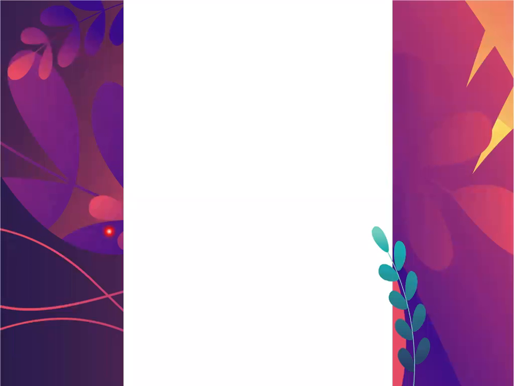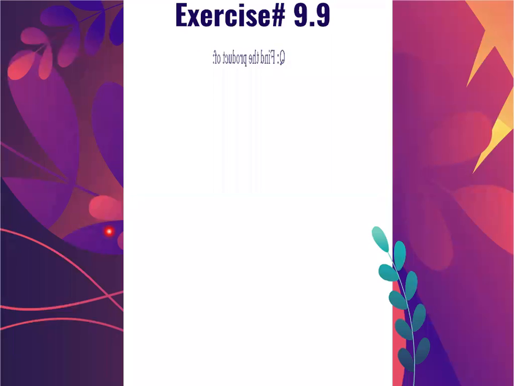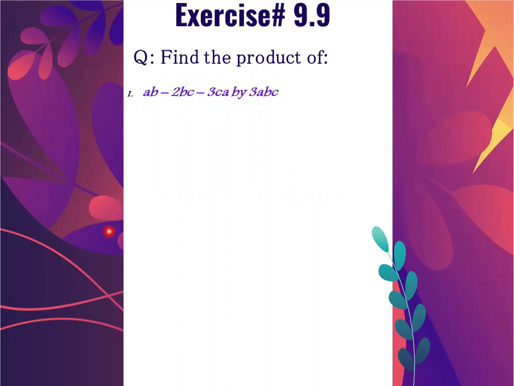Okay, now let's look at this one. Exercise number 9.9, and the question is this one. Find the product of number 1, AB minus 2BC minus 3CA by 3ABC. Means this is the one term and this is your compound algebraic expression.